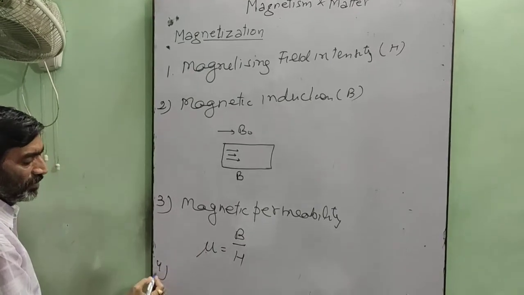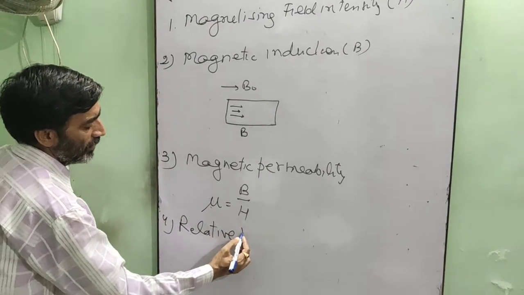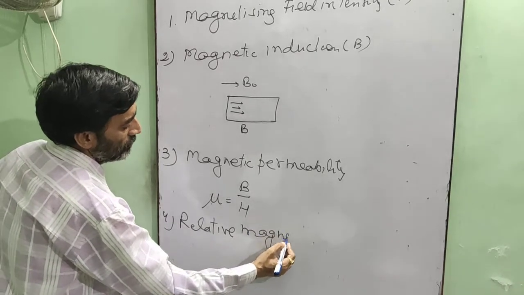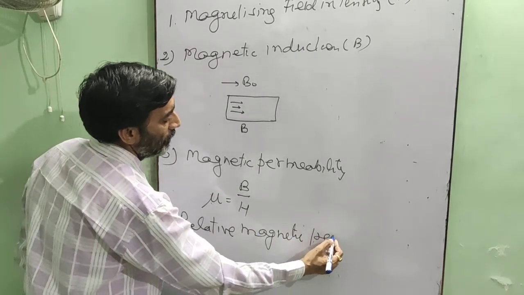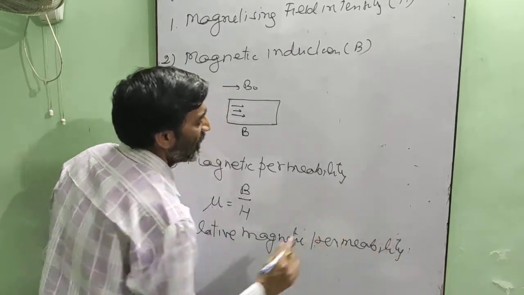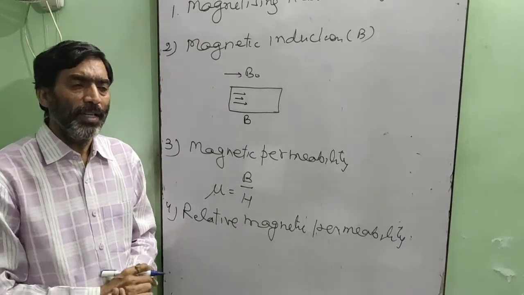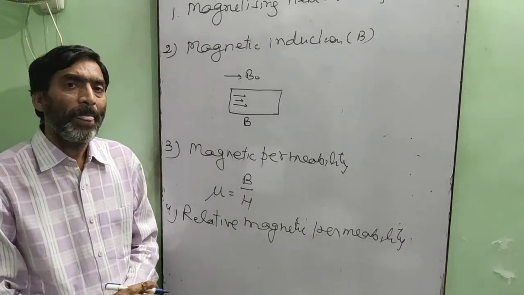Next is relative magnetic permeability. As you know, the relative density is obtained by dividing the density of the substance by the density of water.